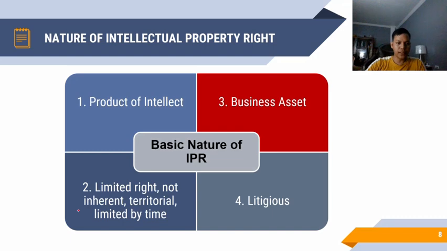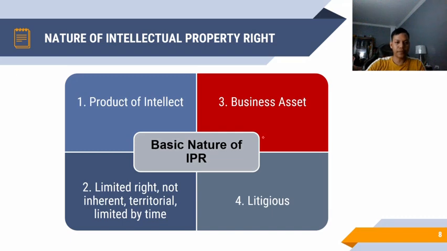So you will renew your intellectual property because it will expire. And number two, there is a limited right, not inherent, territorial, and limited by time, as I had mentioned a while ago. It was limited by time. So while giving an exclusive right to the owner, most intellectual property rights cannot be implemented in practice as soon as the owner gets exclusive rights.